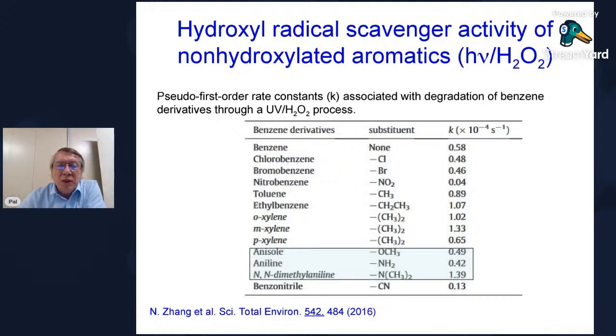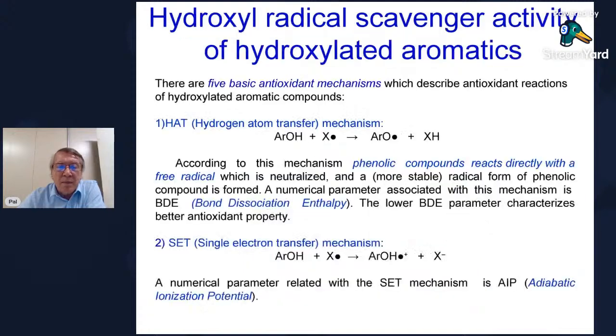The comparison showed that the rate of the reaction increased when alkyl substituents and/or electron pair donating substituents are found in the aromatic ring. In other words, this type of substitution, by increasing the electron density of the aromatic ring, increased the hydroxyl radical reactivity of the derivatives as well.